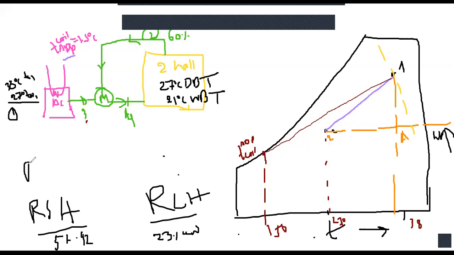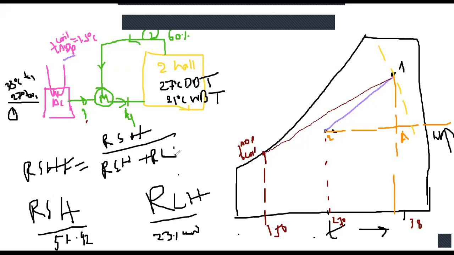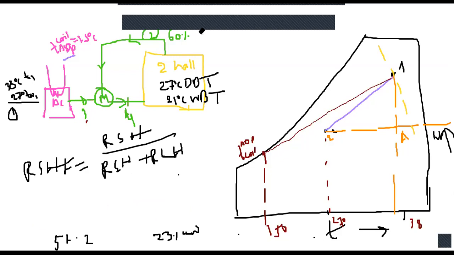So the room sensible heat factor is room sensible heat by room sensible heat plus room latent heat, or total heat. Okay. How much amount? Just putting in this value, we get 0.692. Okay, 0.692.